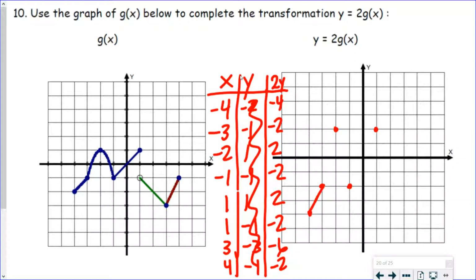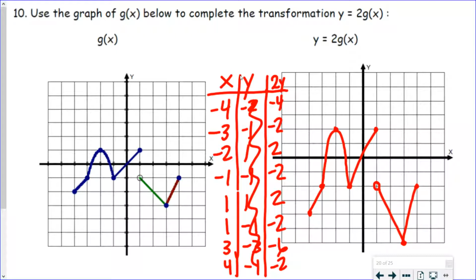So it looks like I got a straight line, and then kind of a parabola looking thing going on, and then another straight line. And then the second part of my graph is 1, negative 2. Be careful, that's an open circle. And then 3, negative 6, and 4, negative 2. Connect those dots, and then we'll go down.